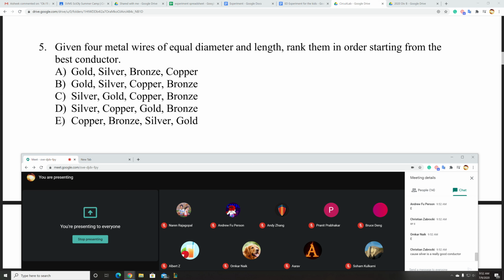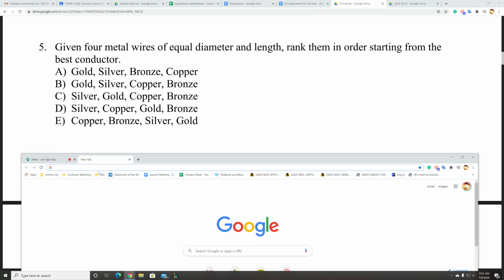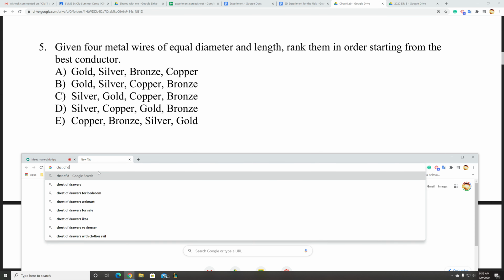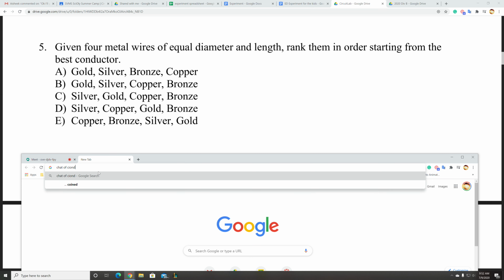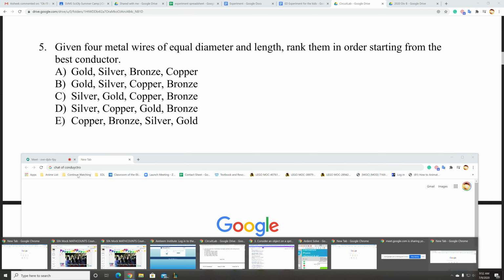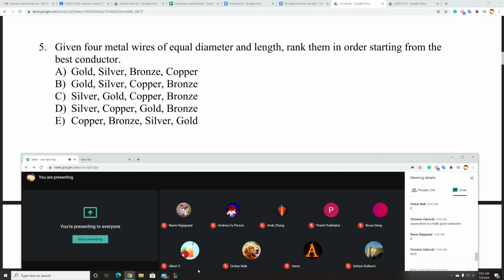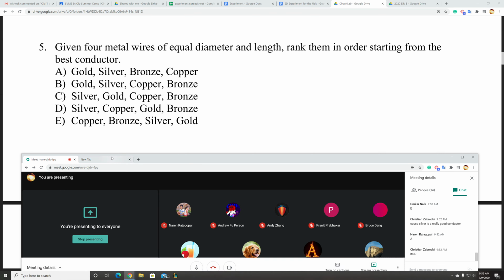I mean, you guys should memorize. Copper is very conductive, but there are materials that are more conductive than that. I believe you guys can search up a conductivity chart.